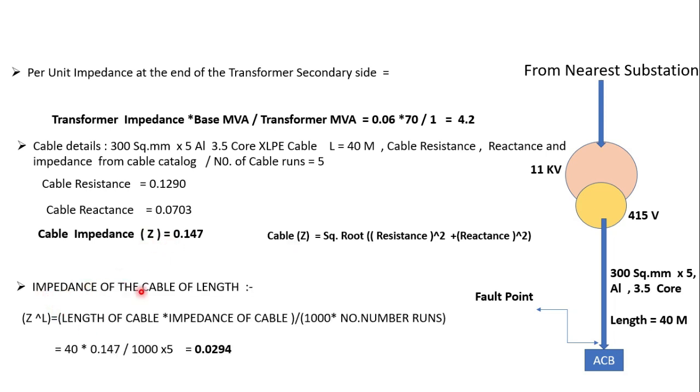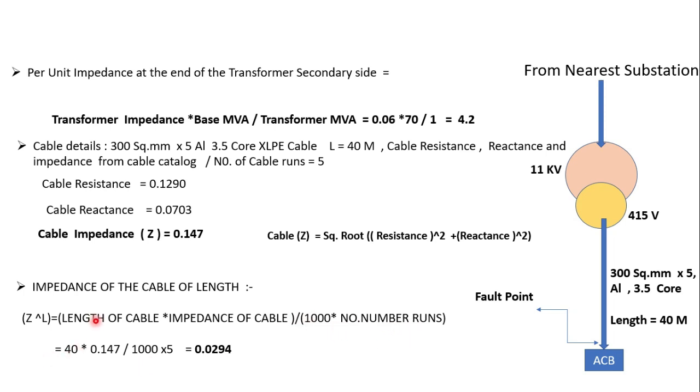Now the impedance of the cable for the length. We have to calculate the impedance of the cable as per the 40 meters, which is the length. So the length of the cable times the impedance of the cable, which we have already calculated as 0.147, then divided by 1000 into the number of runs.